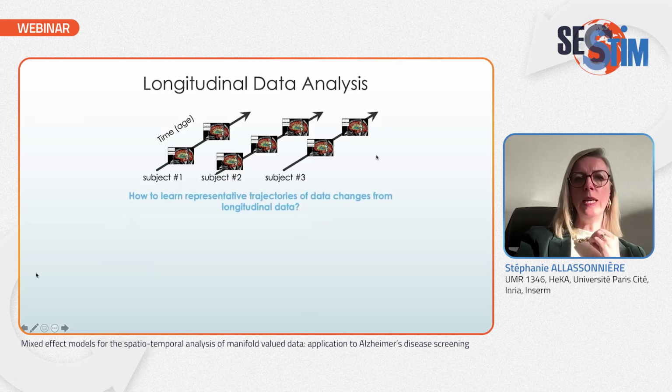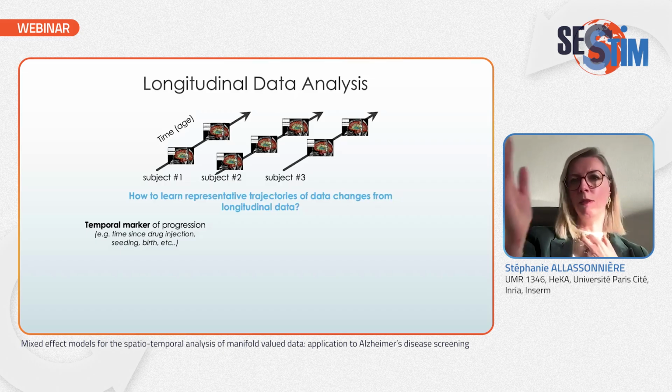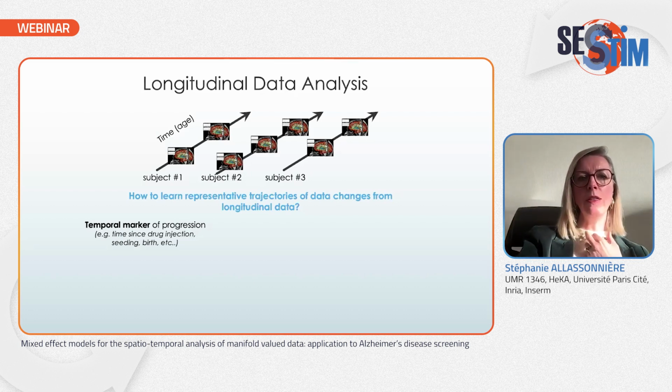What we want to do is really represent the trajectory of the data changes from this longitudinal data. And if you look at the literature, if you have a temporal marker, let's say birth or therapy started, then many things have been produced.